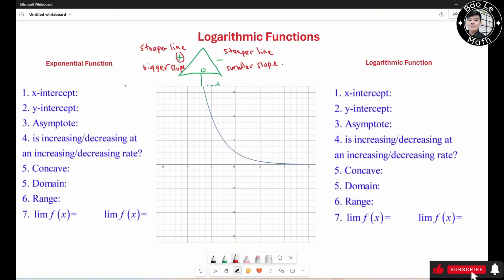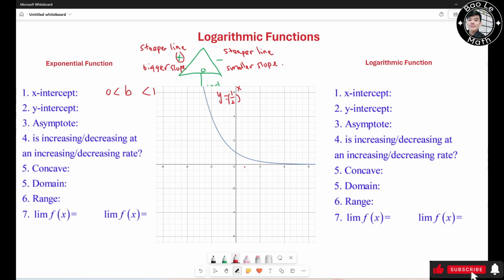Now let's move on to the second case of the exponential function. In this situation, I'm going to let y equals 1/2 to the x. So b is greater than 0 and less than 1, and this is a decay function, right?